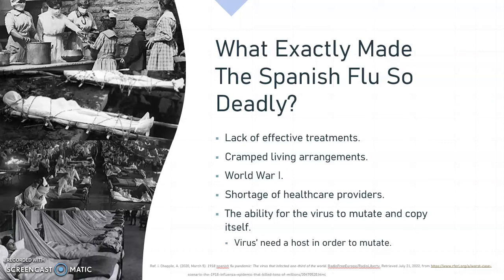Most doctors had been drafted to go and fight for their countries. The new virus strain of the Spanish flu had an exceptional ability to mutate and infect the lungs. All these factors helped make the Spanish flu so deadly.